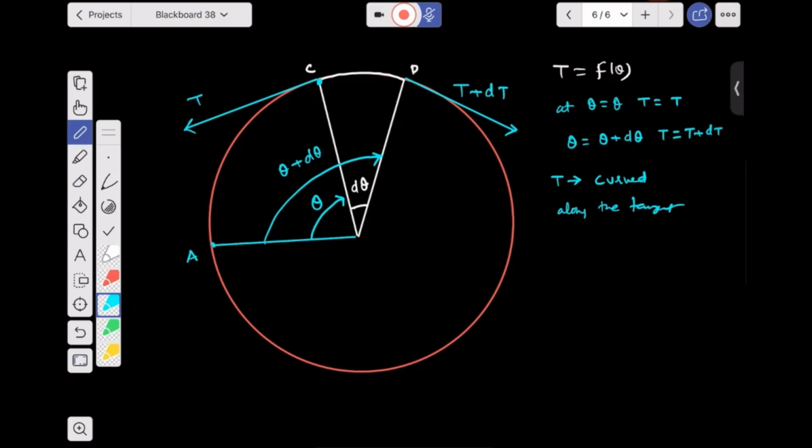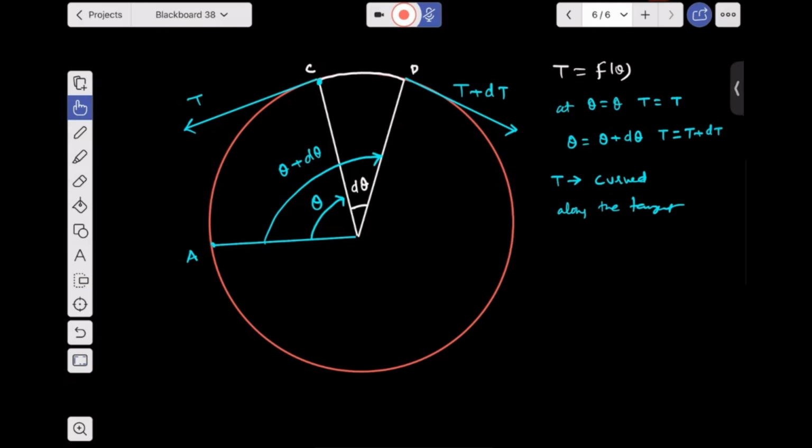Even common sense is enough to tell that there will be a normal contact force, which way it will be, and why. Because if I take components in the inward and tangential directions, I'll have some net tension force acting in the radially inward direction, which will result in the normal contact force.